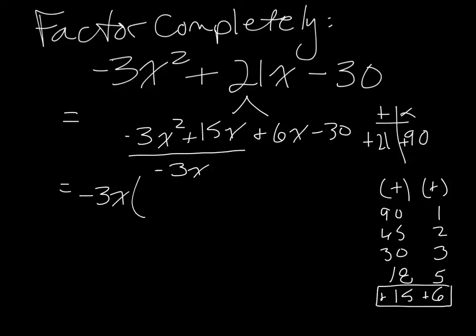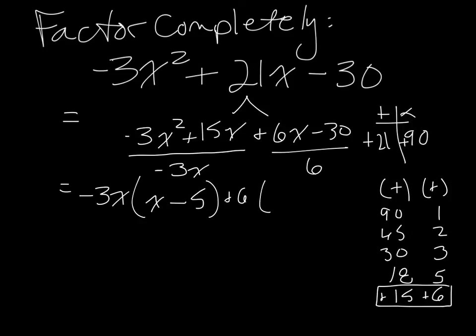So, all right, negative 3x bracket. What's negative 3 divided by negative 3? 1, so they cancel out. And x squared divided by x leaves us with x. And then 15x divided by negative 3 leaves me with negative 5. My x's cancel out. Next, I look at 6x and 30, and I can factor out 6. Oh sorry, I need to write plus 6.